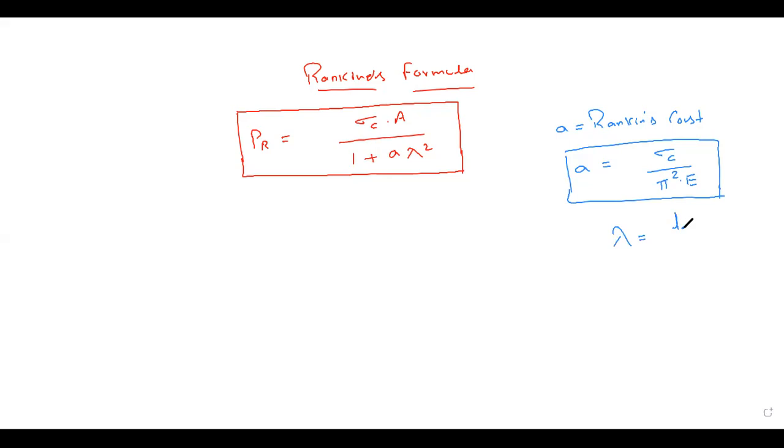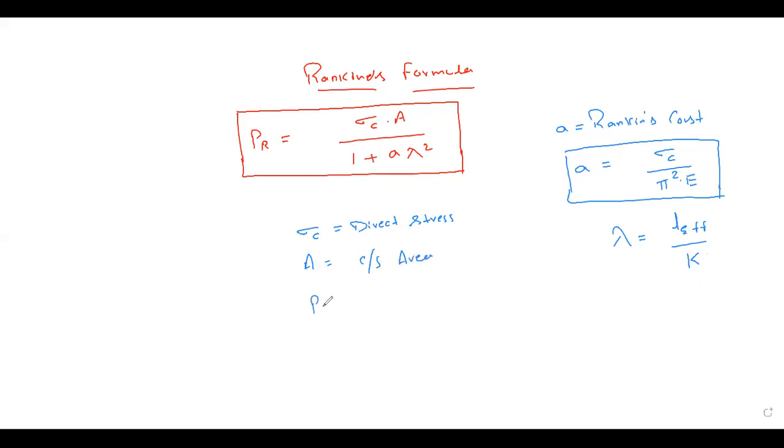Lambda is equal to L effective by K, or R, you can denote it in any way. K or R are both the same, which is the radius of gyration. And what is sigma C? Sigma C is nothing but direct stress. A is the cross-sectional area.